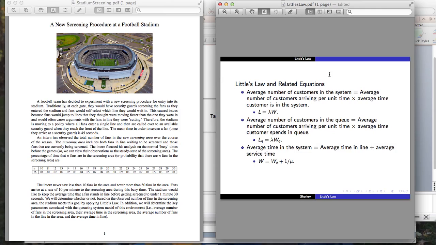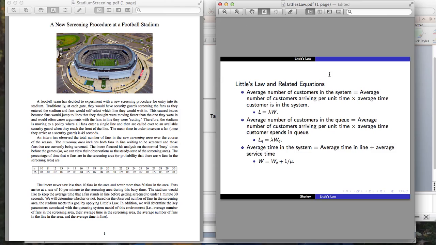There's a couple of related equations, with similar derivations. For example, we have a very similar relationship if we focus simply on the queue itself as opposed to the entire system. And remember, the entire system is everyone in line plus everyone getting served.